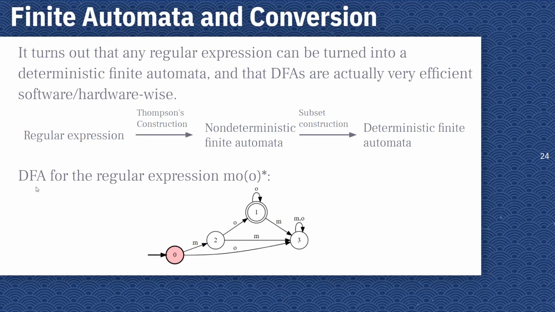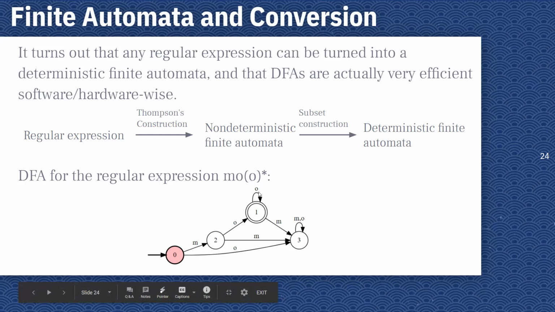So as an example, this is the DFA for the regular expression MO star. By the way, as a refresher, a circle around a node indicates that it's an accepting state, and this indicates that this is the starting state. So if you read in an M at the starting state, we move to this state, and if we read in an O, we move into the accepting state.